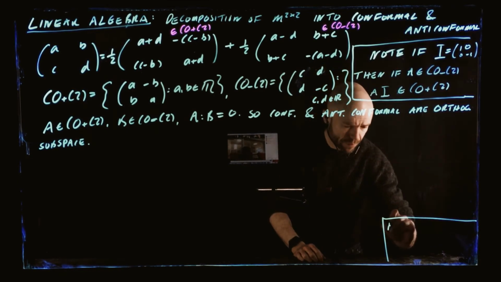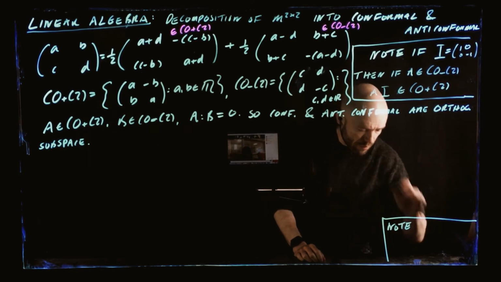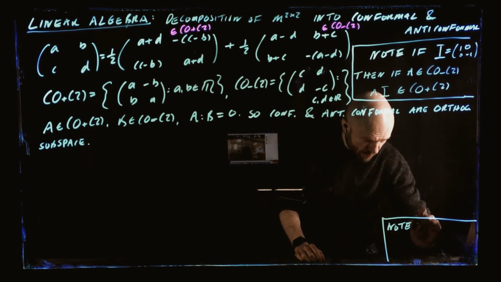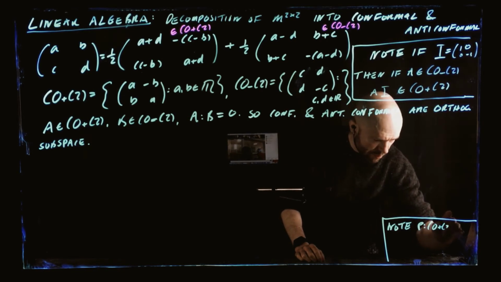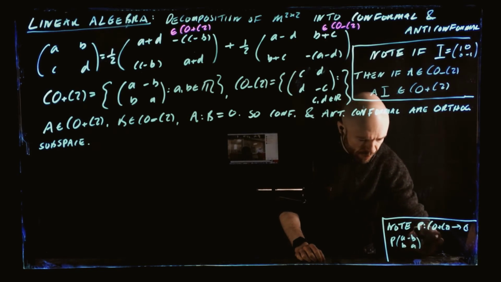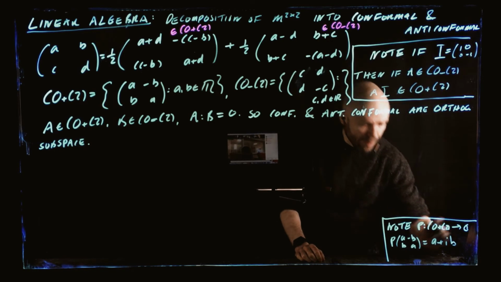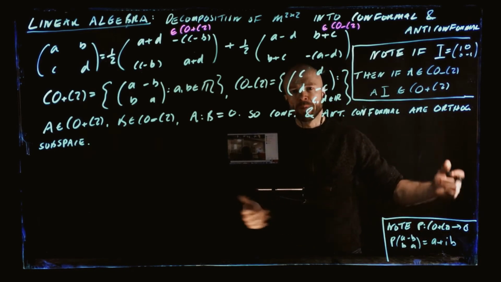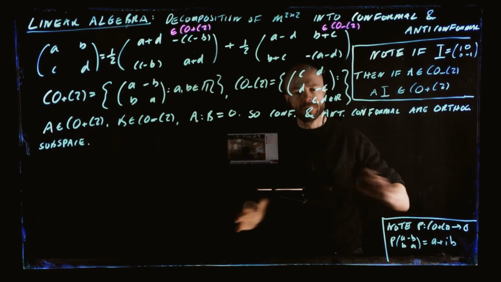So note that if we define, let's say, P from conformal into the complex by P of A, minus B, B, A equals A plus IB, then addition is the same and multiplication is the same. This is a field homomorphism.